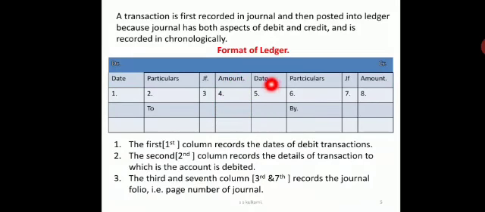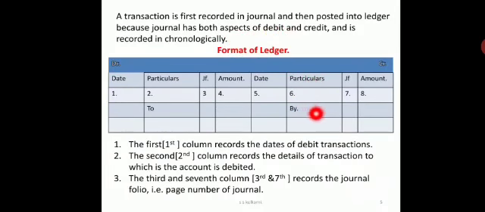Next, coming to the fifth column, which records the date of the credit transaction. The sixth column records by which account the account stated on top is credited.